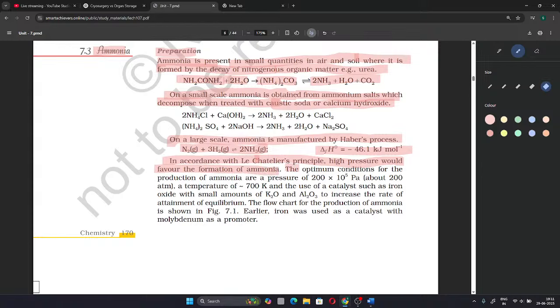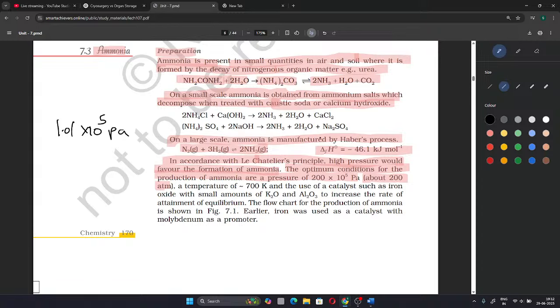The optimum conditions for the production of ammonia are a pressure of 200 into 10 power 5, or 2 into 10 power 7 Pascal, about 200 atm, because 1 atm is around 1.01 into 10 power 5 Pascal.